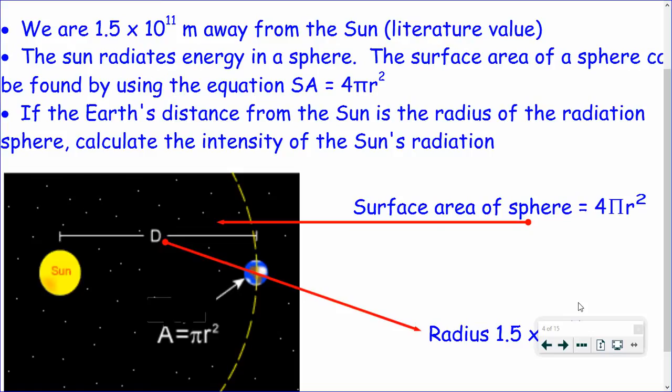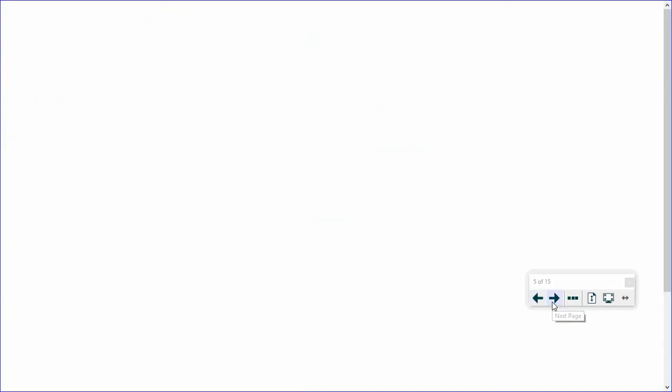So if we take the literature value of our distance away from the sun, and we know that the power being emitted from the sun is 3.6 times 10 to the 26 watts, we can absolutely calculate the intensity of the energy reaching our planet.